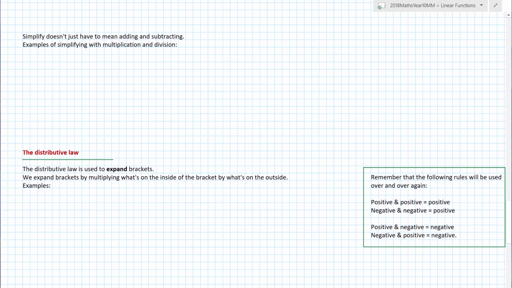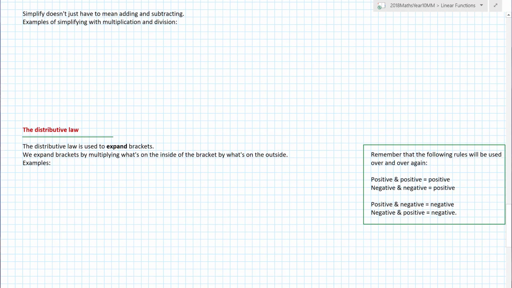Simplify doesn't just have to mean adding and subtracting. It can include multiplication and division. So if I had 4a times 3a, now, we'll come on to this much more a little bit later on, but 4a times 3a. And actually, when things are multiplied together, I can rewrite them.